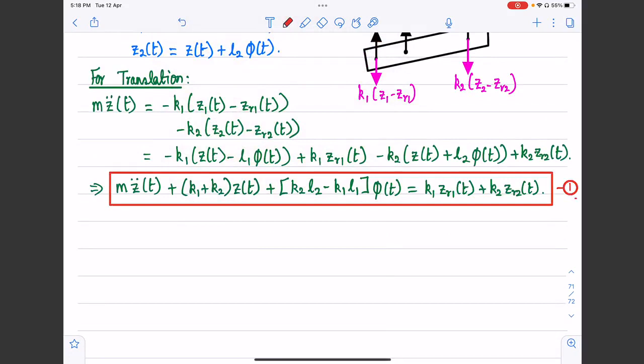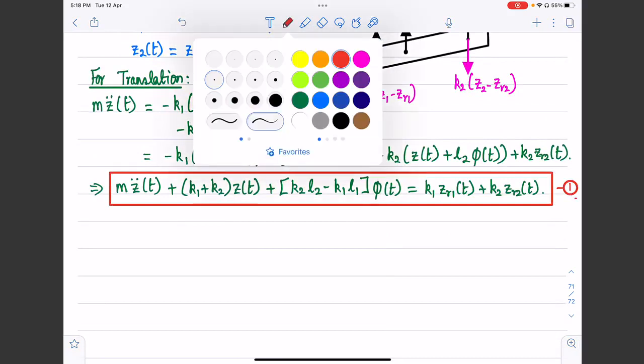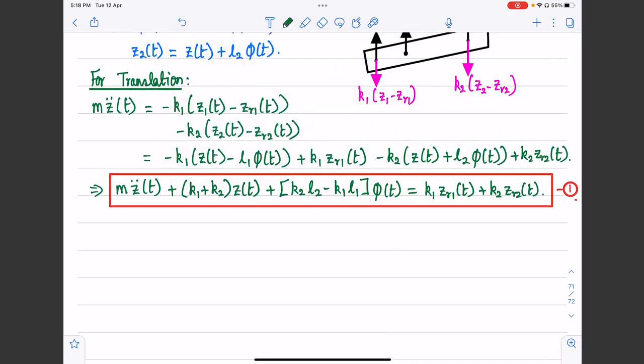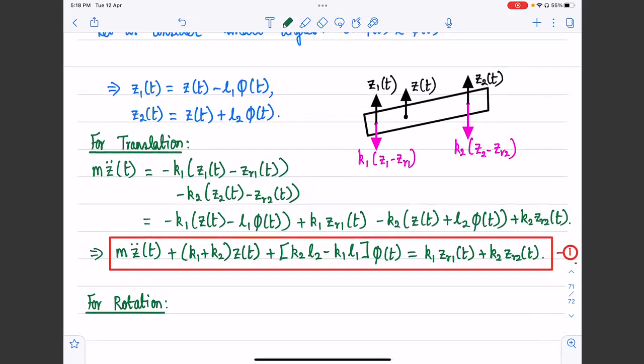Now we need to write a similar equation for pitch motion. So for rotation, for the pitch motion, what will happen? Once again, we write I times alpha equal to the torque. If we go back here, once again we are going to consider small angles, right?